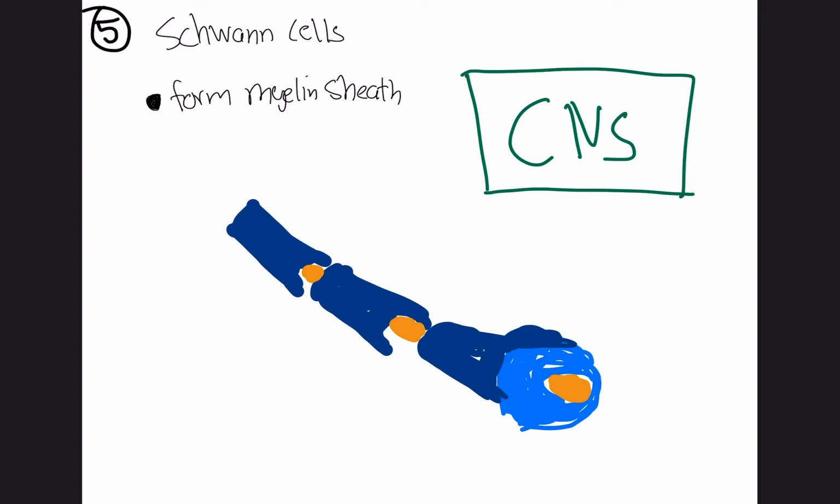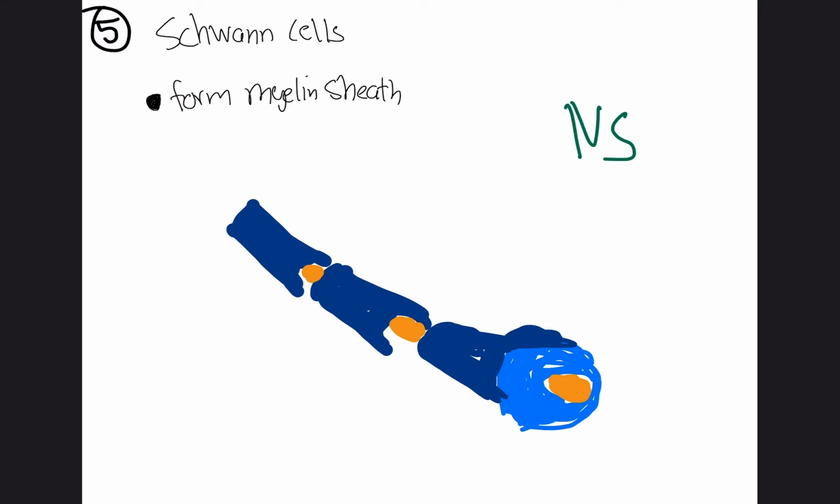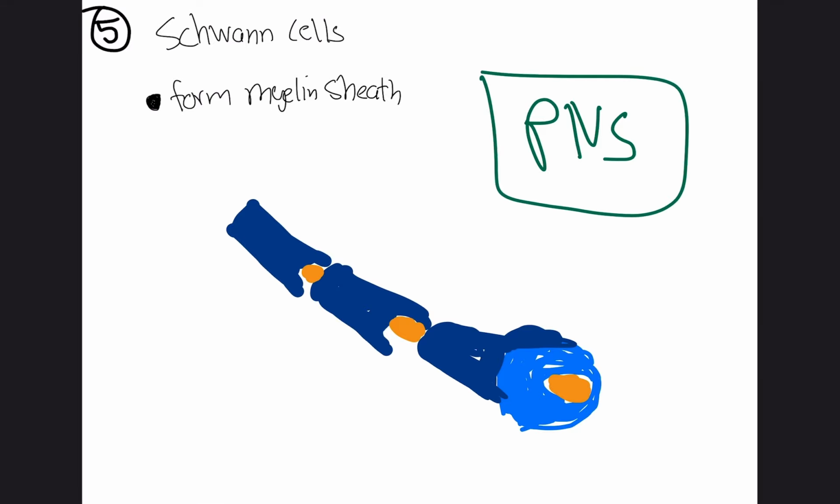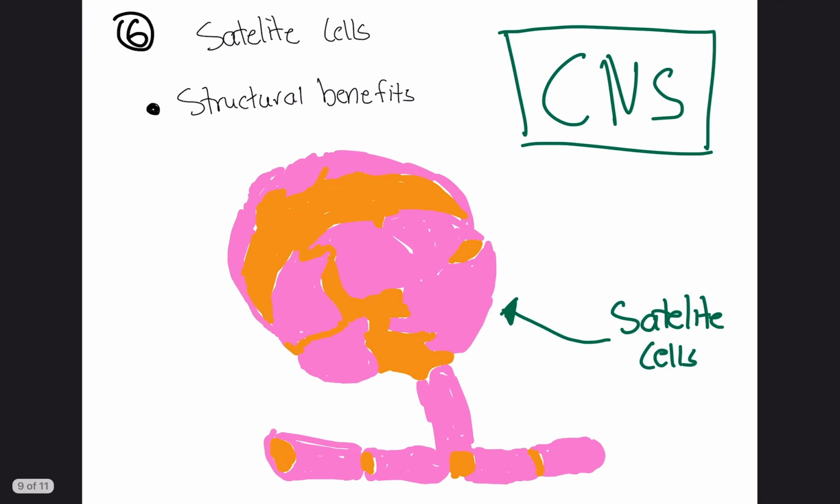Oh, it's right on top of the book. I'm so sorry for the delay. I should check my work. This is why you should always check your work. PNS. It's only in the PNS, okay? I also made the same mistake here. Oh my goodness.